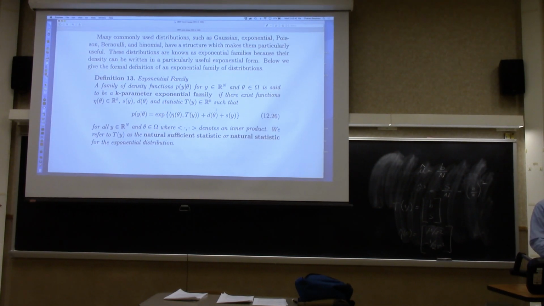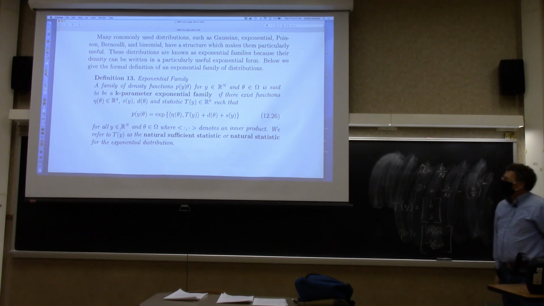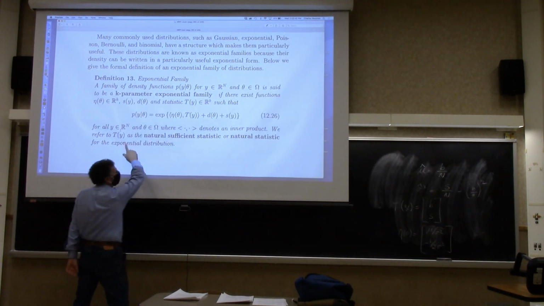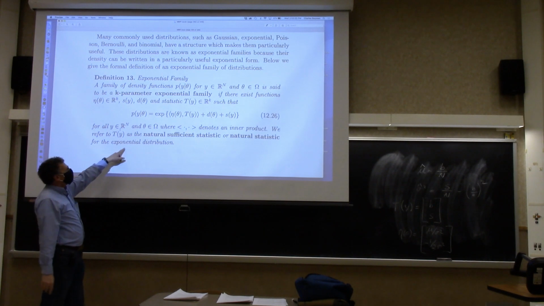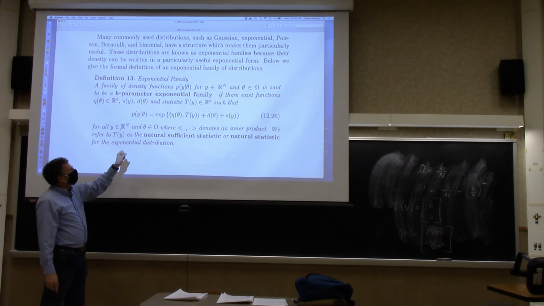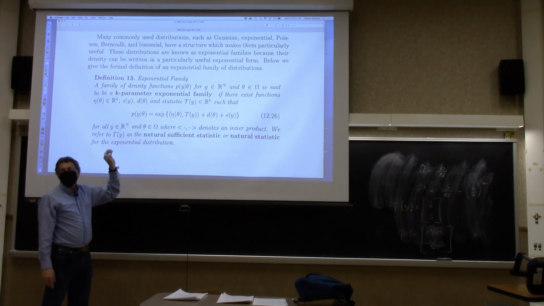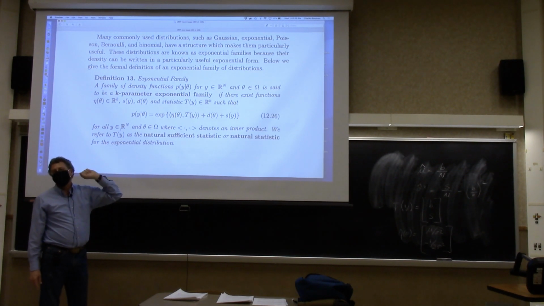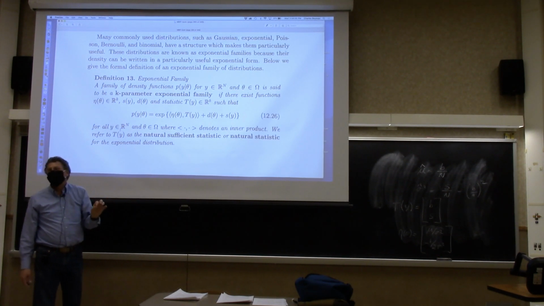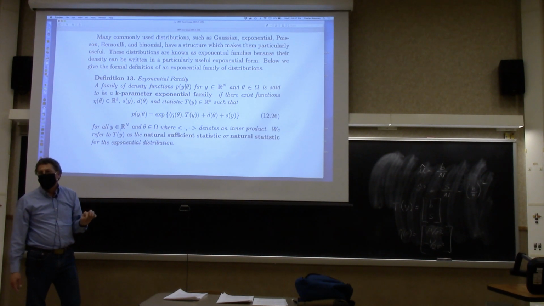And in that case, we say that these statistics are the natural sufficient statistics for the exponential family. So a few things. First of all, we say that it's an exponential family. It's not actually an exponential distribution, okay? It's an exponential family of distributions, because an individual distribution can't really be exponential, I guess.